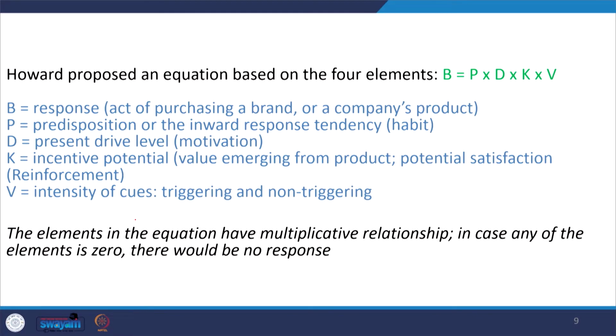Now if you move to D, K and V, D simply indicates the present drive level, which means how motivated the person is with respect to buying your solutions or offering. Now this is also going to depend upon whether it is an immediate need for him or not. If you remember, when we were talking about objections, there was one particular objection: I don't need the product now, or I don't have that immediate urgency.